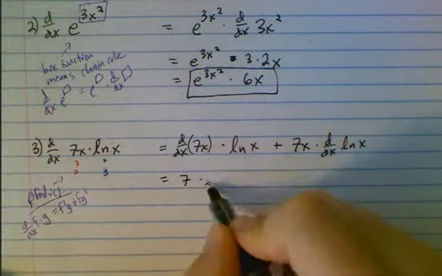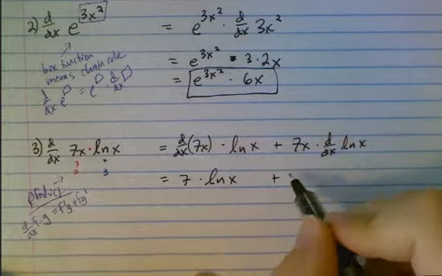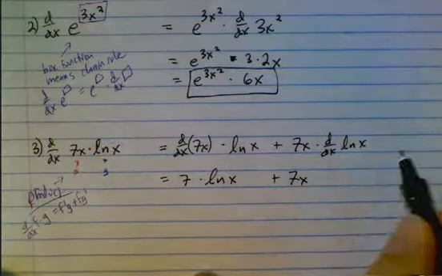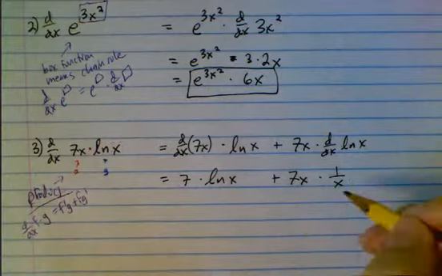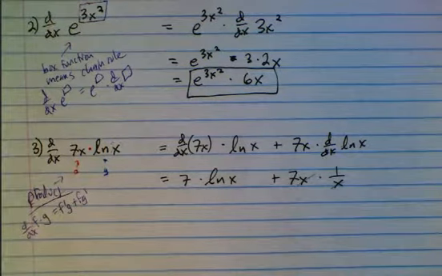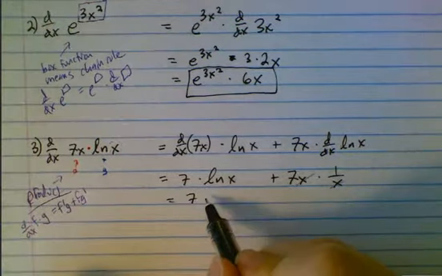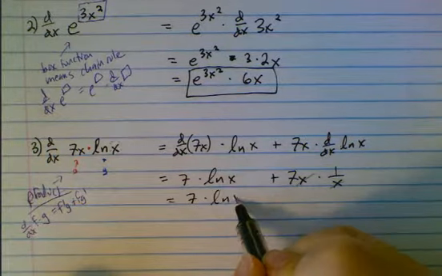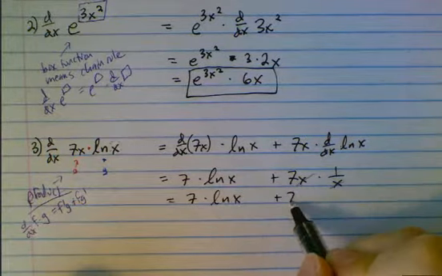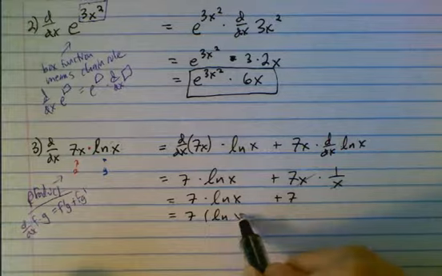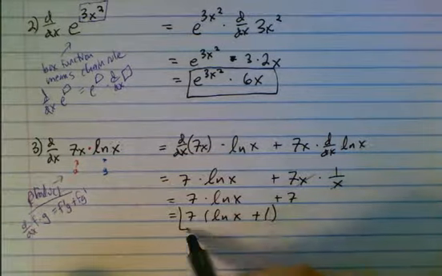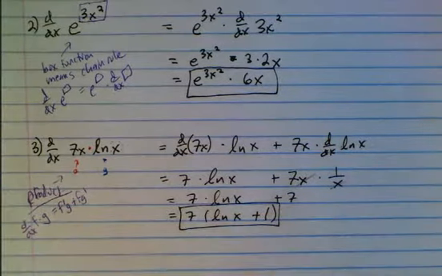Derivative of 7x is 7. The derivative of the natural log is 1 over x. Those x's cancel out nicely. We're left with 7 natural log of x plus 7. Those 7's can be factored out. Right like that.